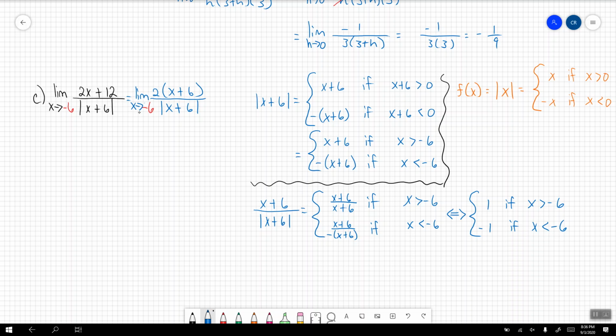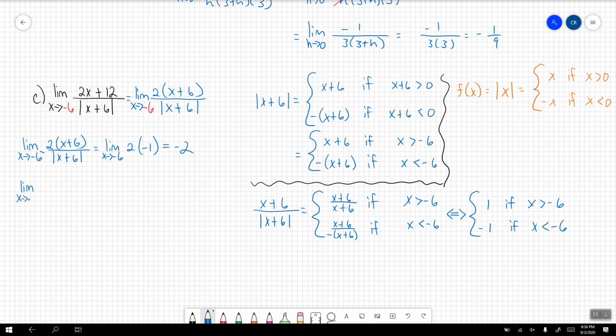In order to find this overall limit, we need to consider the limit as x is approaching negative 6 from the left-hand side for this function, 2 times x plus 6 divided by the absolute value of x plus 6. Well, let's see. If we're approaching negative 6 from the left-hand side, we're going to evaluate to be negative 1, which means this limit is going to multiply 2 times negative 1, which will then get us negative 2.